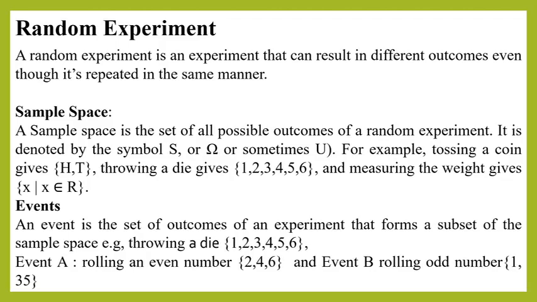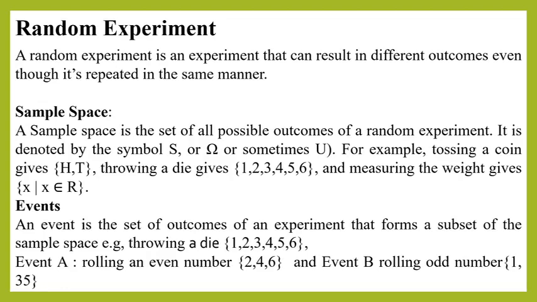What is an event? An event is the set of outcomes of an experiment that forms a subset of the sample space. For example, when we throw a die, our sample space will be 1, 2, 3, 4, 5, 6.